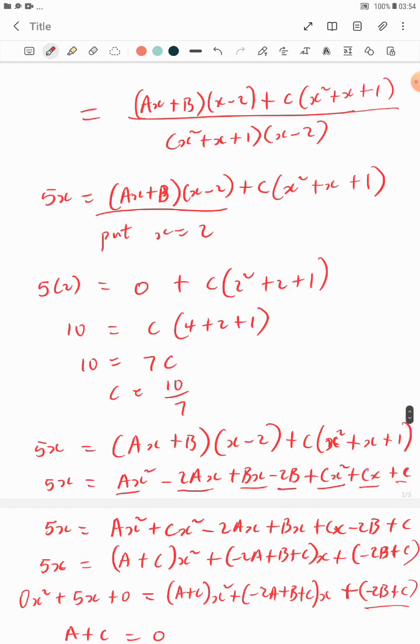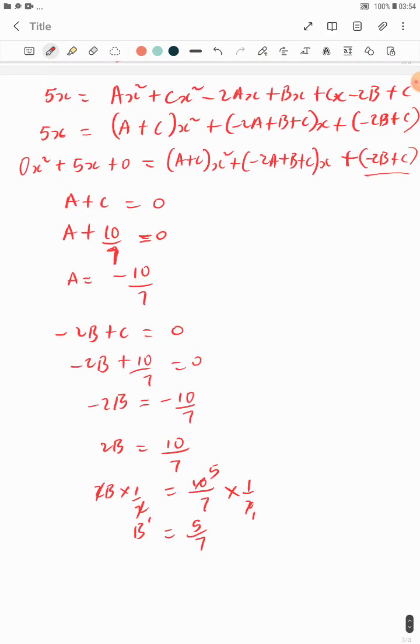Now we have gotten all our unknowns. So we can say therefore, all the unknowns are now known. Our b equals 5 over 7, and our c equals 10 over 7.